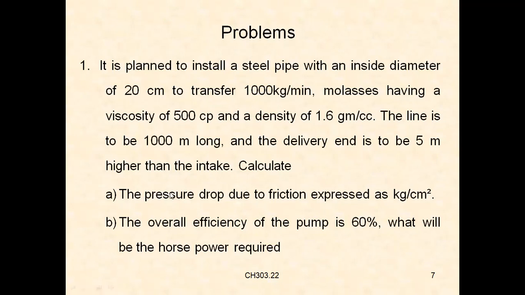For this, first we have to calculate the Reynolds number, and depending upon its value, whether the flow is turbulent or laminar, we calculate the pressure drop due to friction.